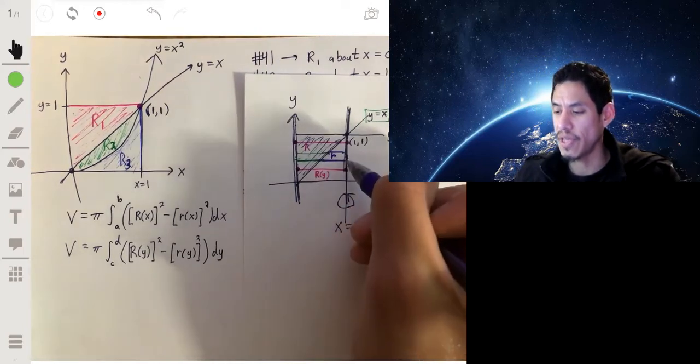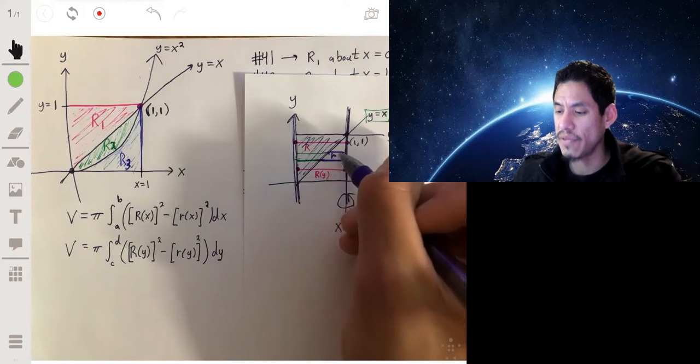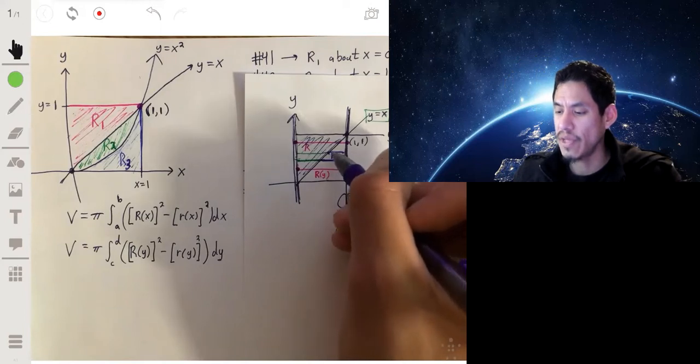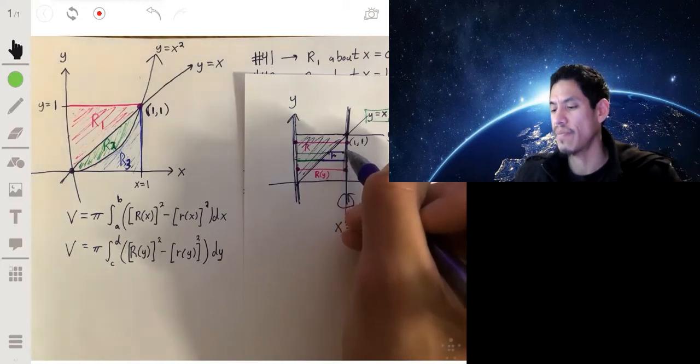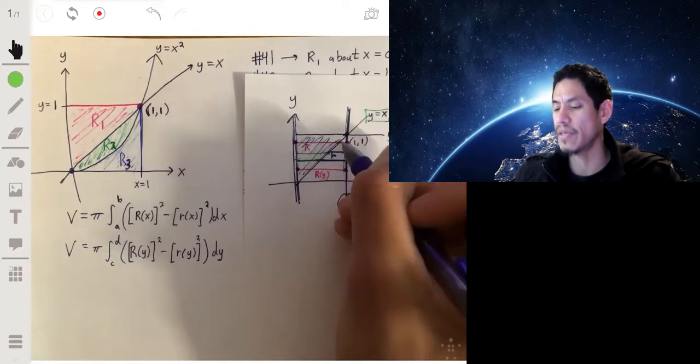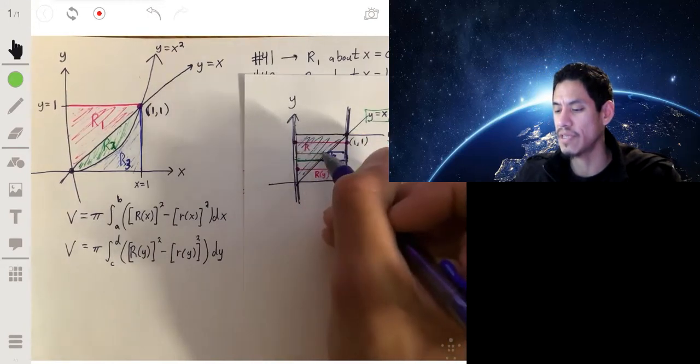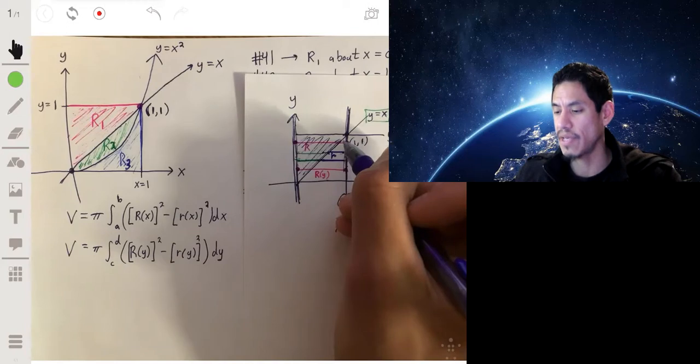So if we think about it, each of these line segments is basically just the pink segment minus the green segment. If you have the pink segment minus the green segment, you're going to get the blue segment. The pink segment is always equal to 1.